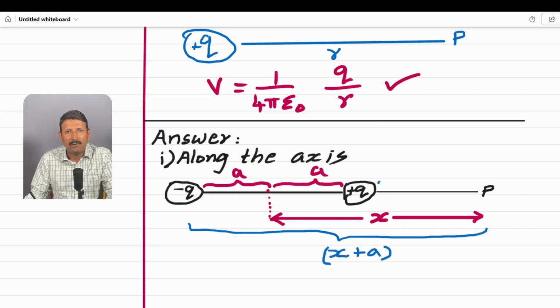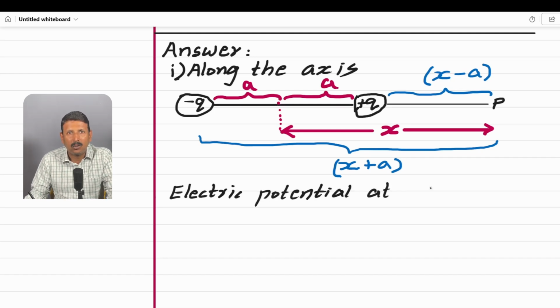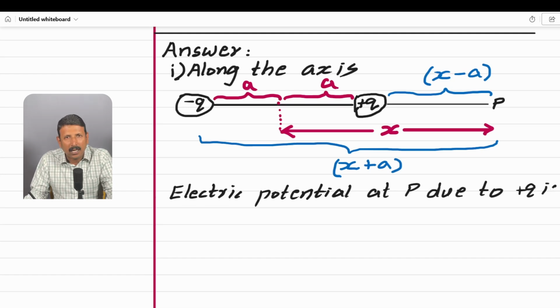Now when we go with the electric potential calculation, we need the distance of the point P from the charge plus Q as well as from the charge minus Q. From the charge plus Q we can write x minus a. If you analyze the diagram you will come to know that. And the distance from the minus Q you can write till center plus one more a, so x plus a. Now we start writing the equation.